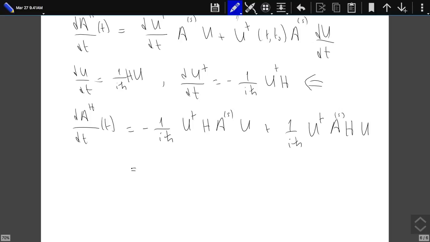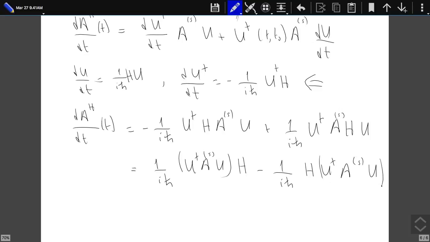So this same expression I can write as 1 over i h bar u dagger A S u times H minus 1 over i h bar H u dagger A S u. I also changed the order of the terms. But you see, this is nothing but my operator in the Heisenberg picture at the time t, and this is the same operator.